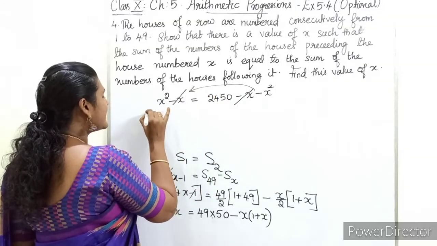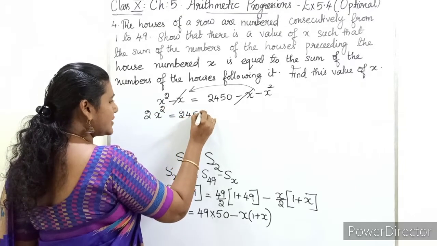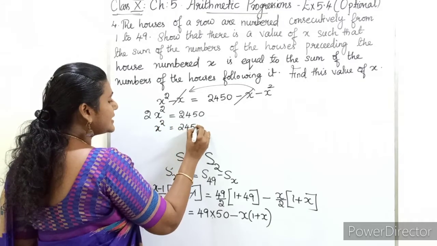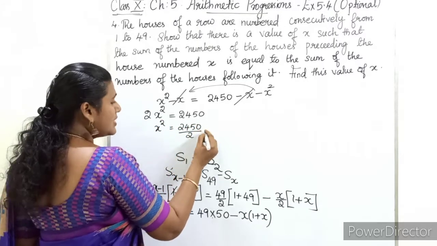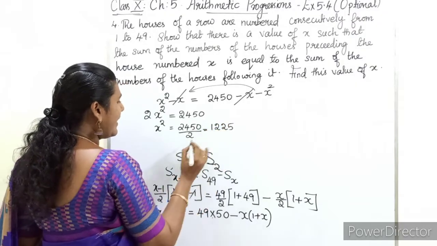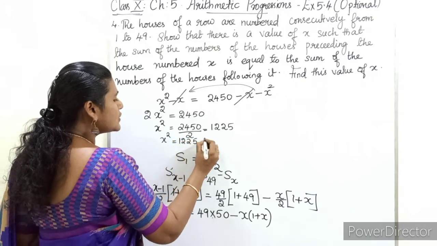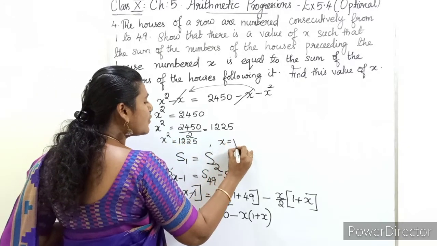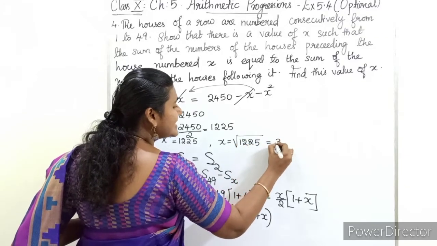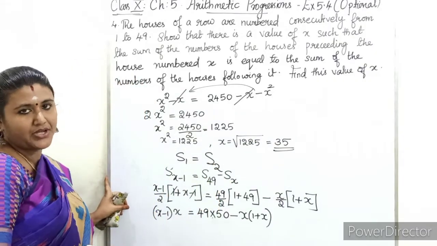So x square plus x square gives 2x square equal to 2450. So x square equals 2450 divided by 2, which is 1225. So what is the value of x? The square root of 1225 is 35. So the value of x is 35.